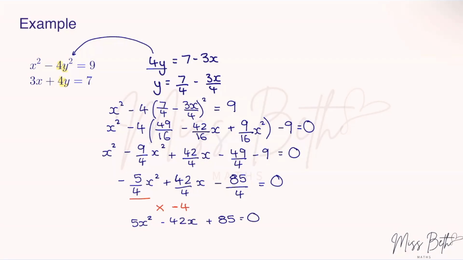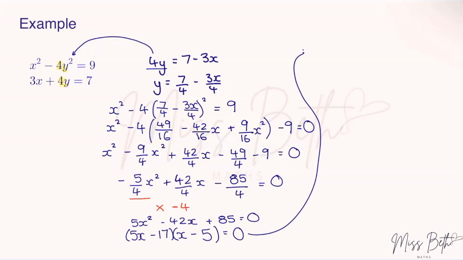And then, of course, I want to try and factorize into double brackets, which this one does. We're going to have 5x here, and then it's going to be 17 and 5. So we would need 17 with this one, and then both negatives, and then the 5 here. Okay, so let me just come up here where there's some more space.